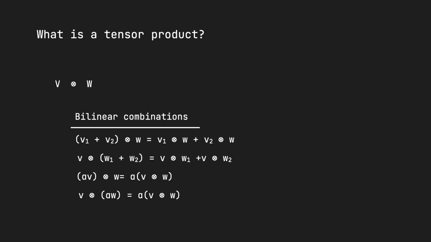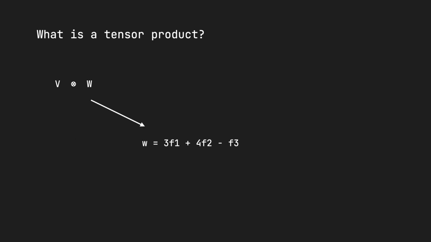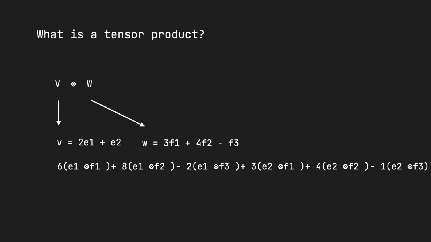These are the rules right here, and they tell you what element will be in this new vector space given two vectors. If I follow those bilinearity rules and do their tensor product, this is the new element, an element of the tensor product vector space. And this is what it looks like.